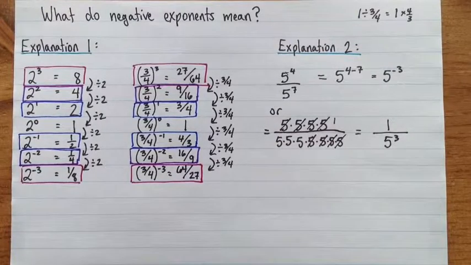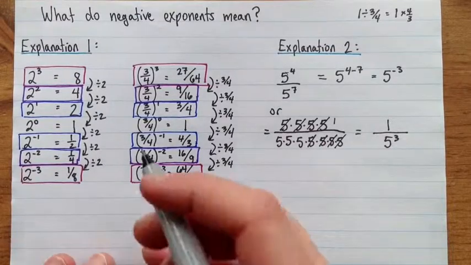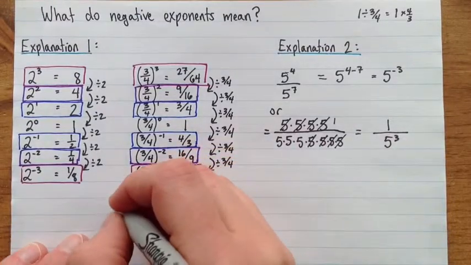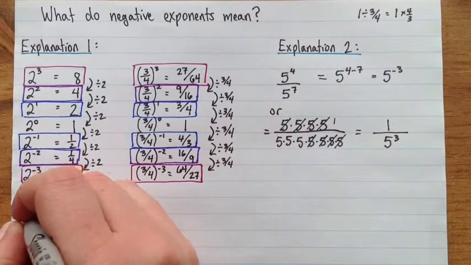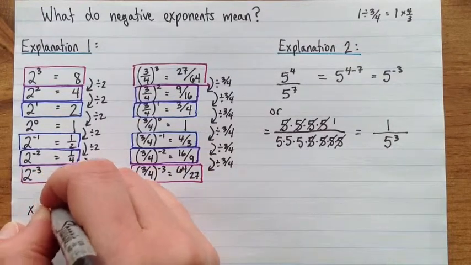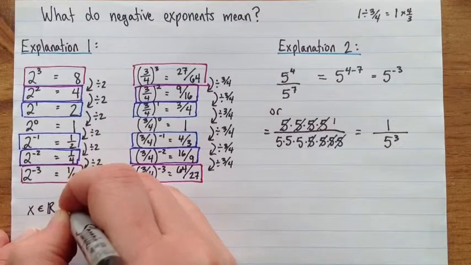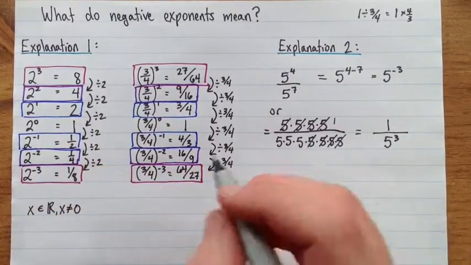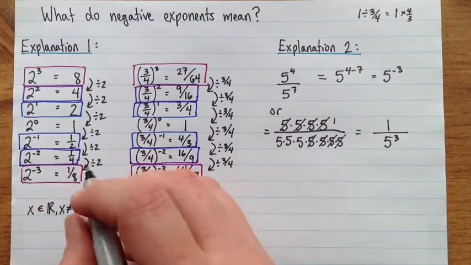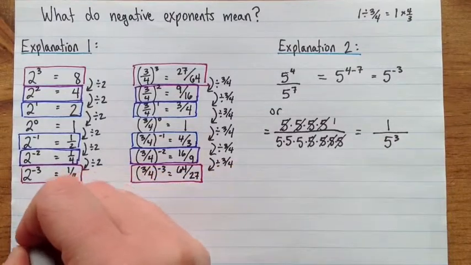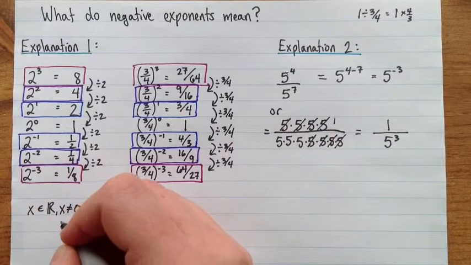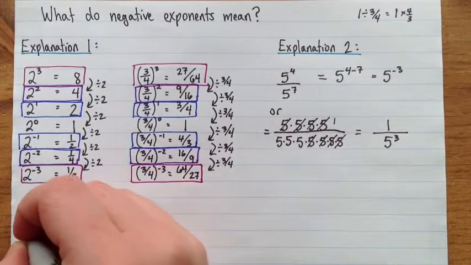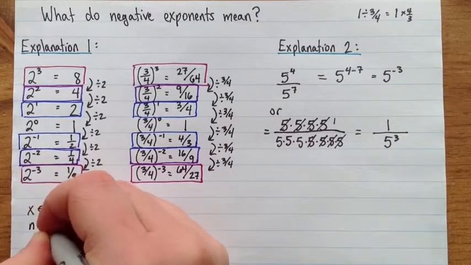Okay, so let's write this out as a rule. This is for x any real number except not 0. If the base is 0, we get some dividing by 0, and it's a bit of a mess. So the base won't be 0, but it never would be, because we wouldn't run into this if the base was 0. And then this is for any rational n.